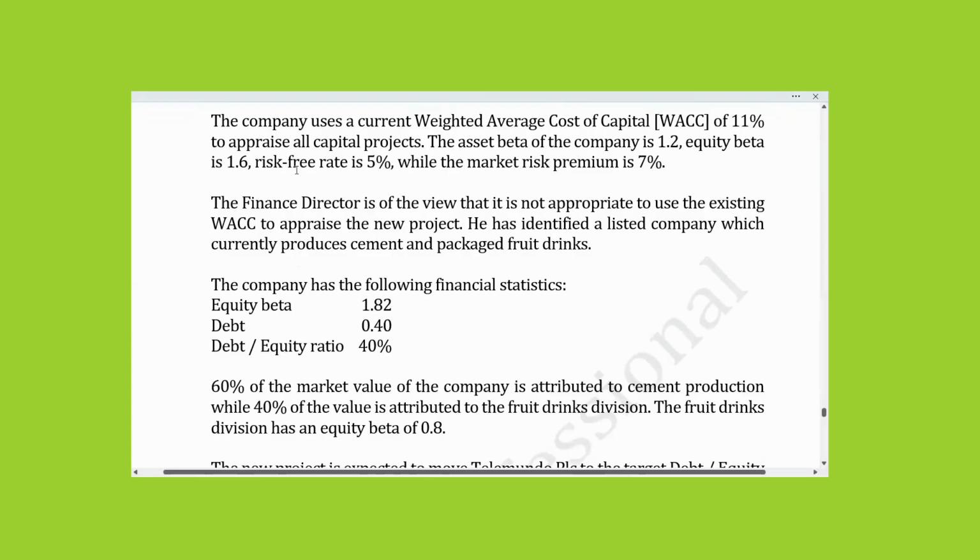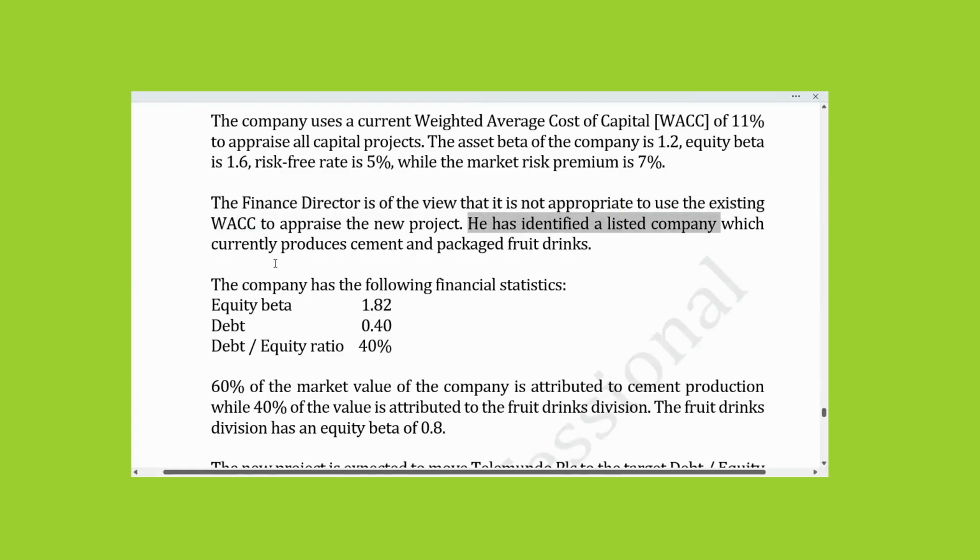The finance director is of the view that it is not appropriate to use the existing WACC to appraise the new project. He has identified a listed company which currently produces cement and packaged food drinks. All right. So the finance director has identified a listed company.